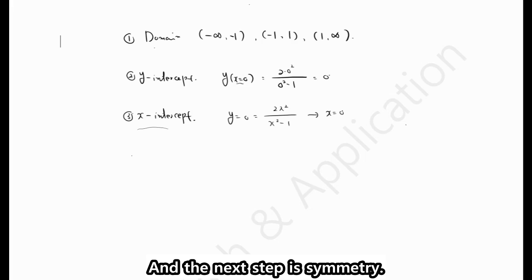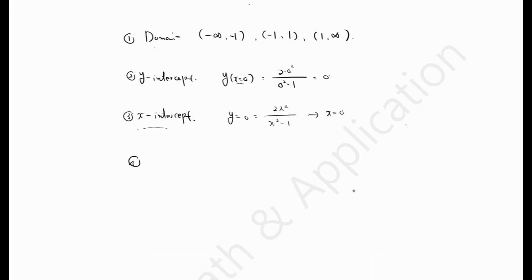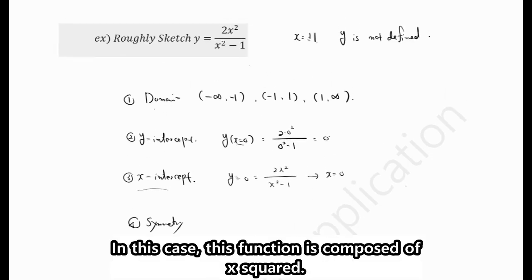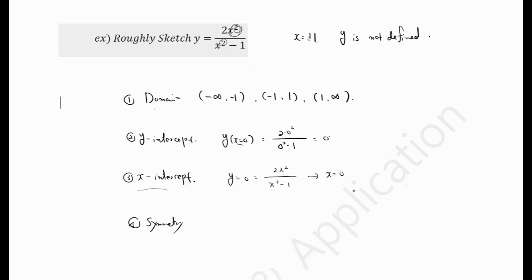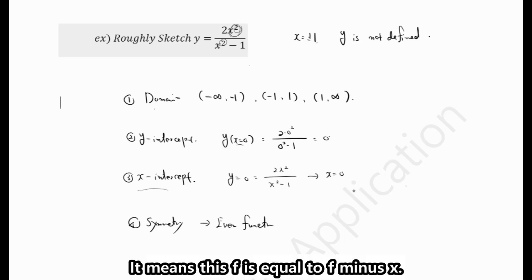The next step is symmetry. In this case, this function is composed of x squared, the exponent is even, so this is an even function. It means f(x) equals f(-x).